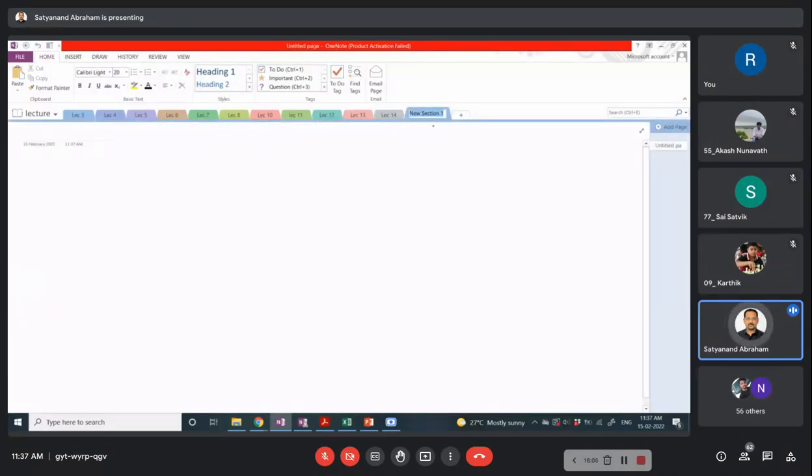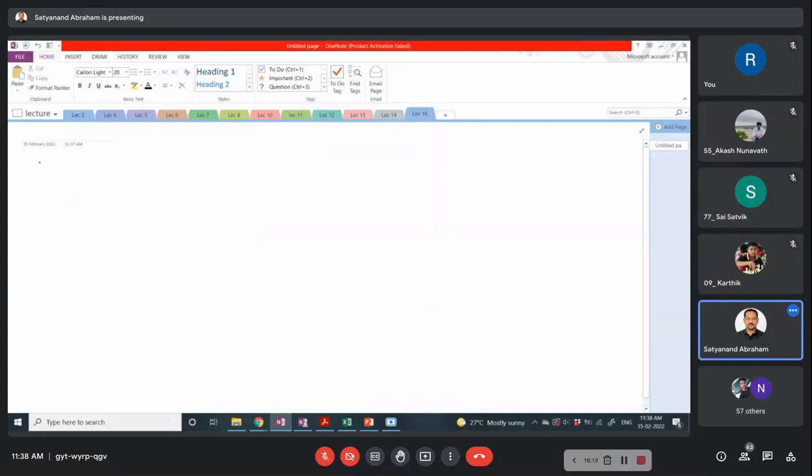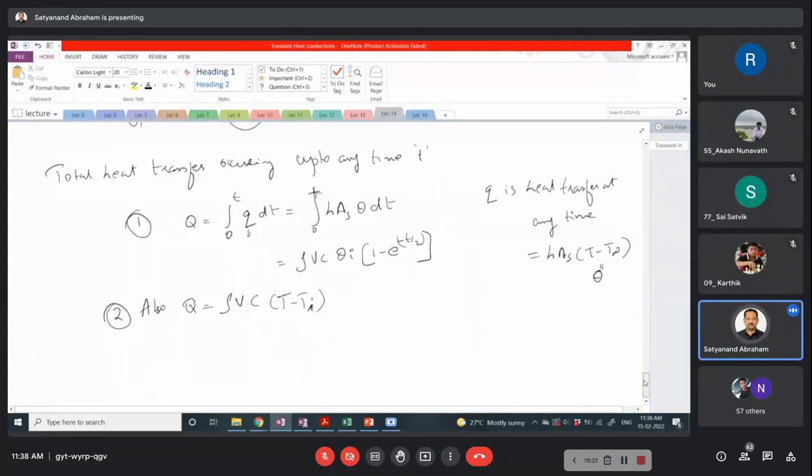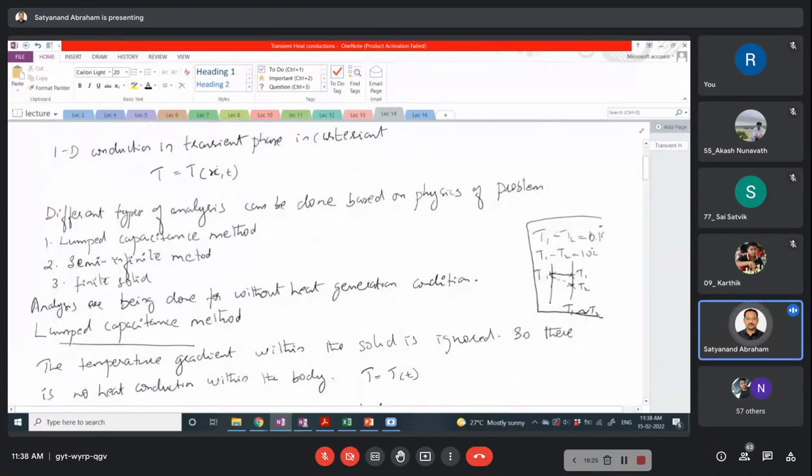so if it is all clear, then we can move to the next method, which is the semi-infinite solid method. We saw the lumped capacitance method. We said that there are three types of analysis that can be done based on the physics of the problem.